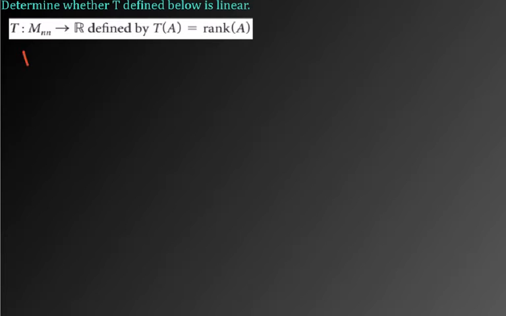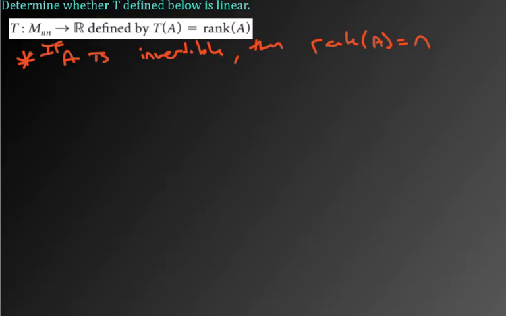So one thing to remember is that if A is invertible, then the rank of that matrix is n, for an n by n matrix. That's a property we've seen before way back, maybe even in first semester.